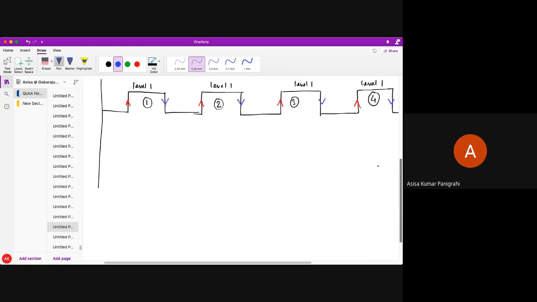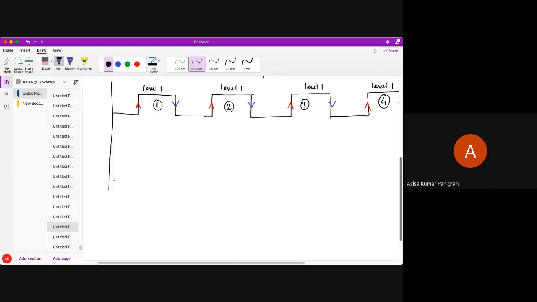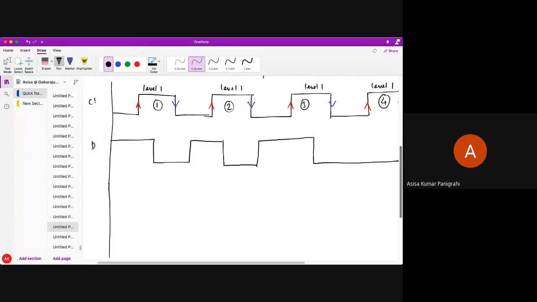Now what I'm going to do here, I'm taking the D input like this. This is my D input. This is my clock.